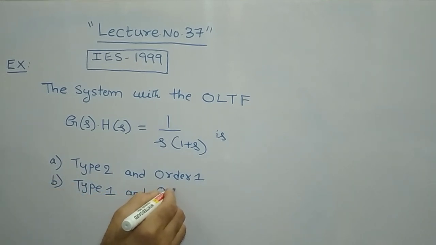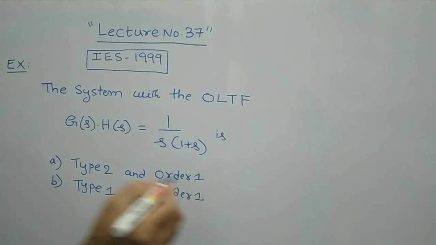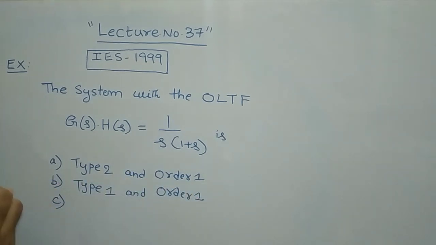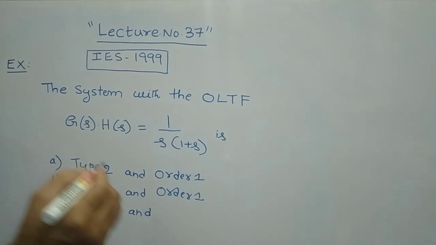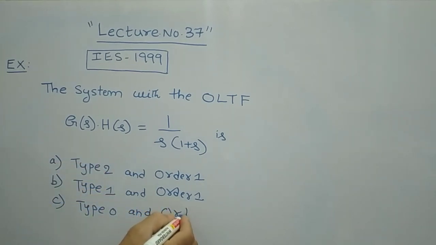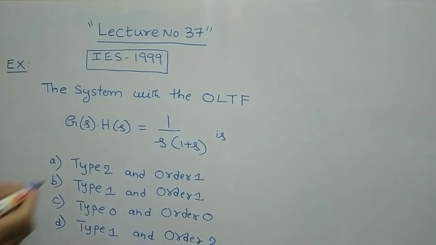The third option, C, is type 0 and order 0. And the last, fourth option is type 1 and order 2. So these are the options given.